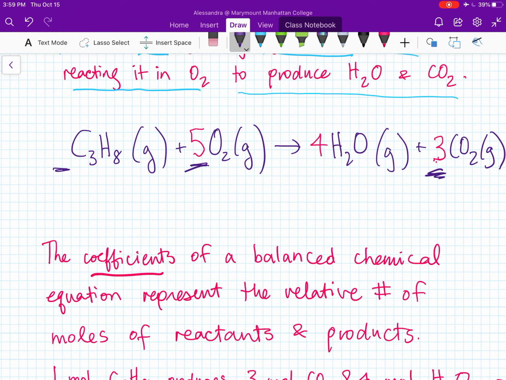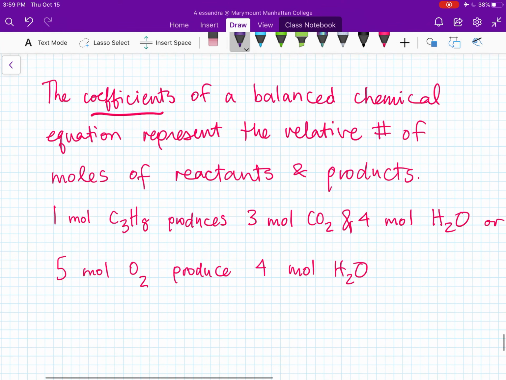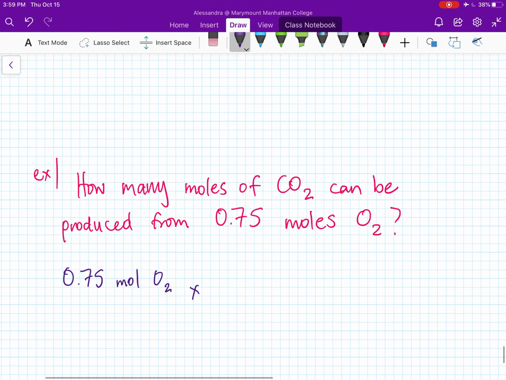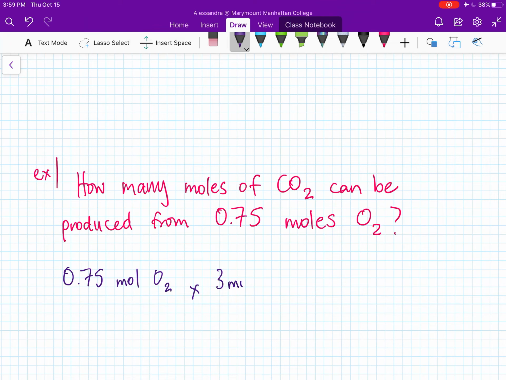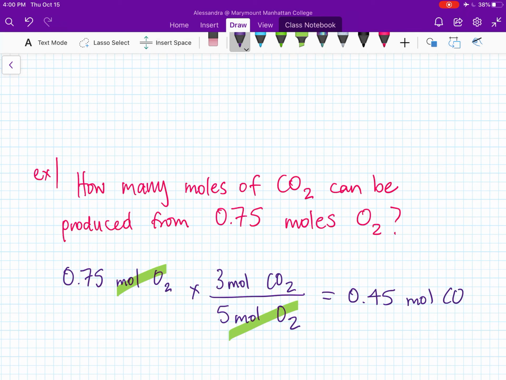I can see that I have 3 moles of carbon dioxide for every 5 moles of oxygen. So I can plug that ratio in, cancel the moles of oxygen, and I'm left with 0.75 times 3 divided by 5, which is 0.45 moles of CO2 produced in that reaction.